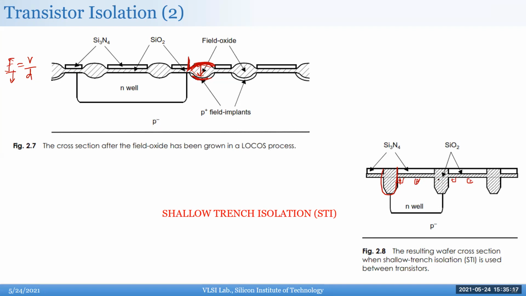In order to isolate them, they actually dig a trench and fill it with silicon dioxide. And this process allows you to get a much finer pitch length.